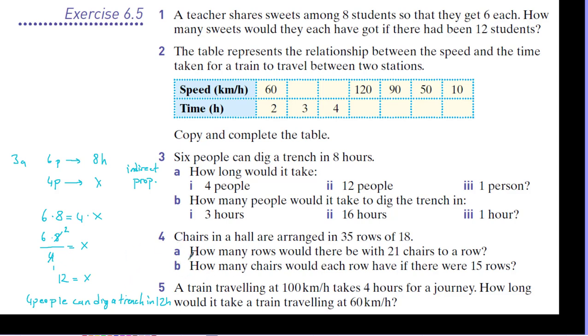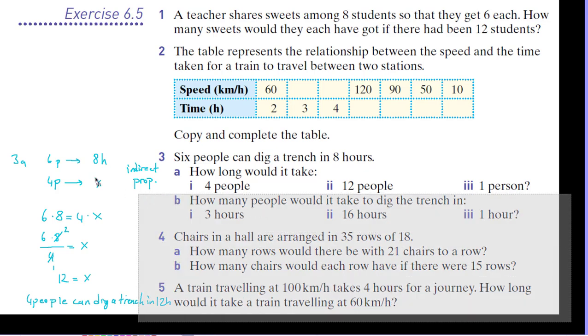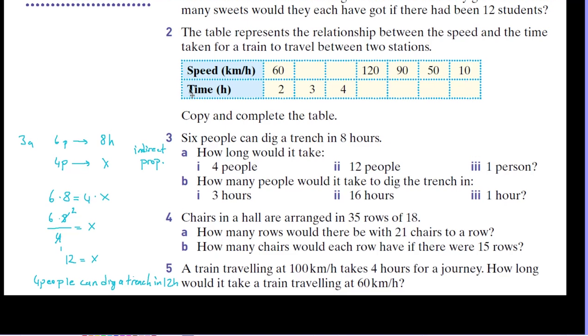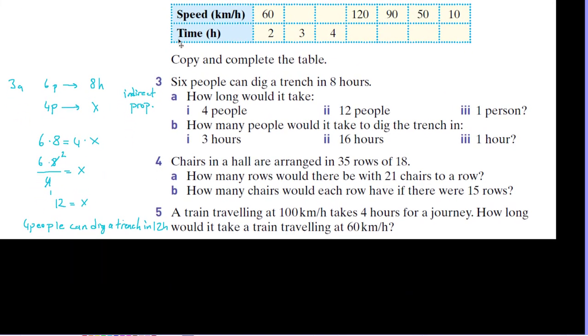I'm going to give one more example about a train traveling 100 kilometers and it takes 4 hours for a journey. How long would it take if the train travels by 60 kilometers? I'm going to take this one up and solve it here like this.